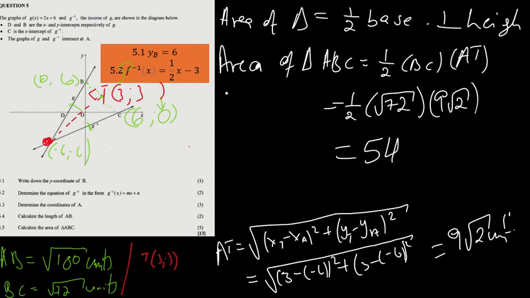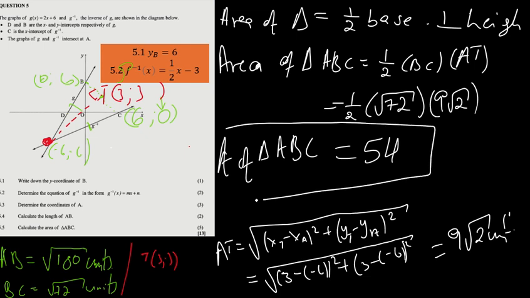Then area of our triangle ABC is equal to 54 units squared. There should be many ways to find this solution, guys. Anyways, there are many ways to kill a cat. Then we are done.